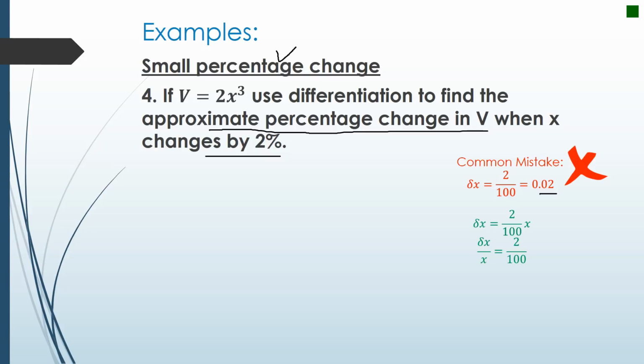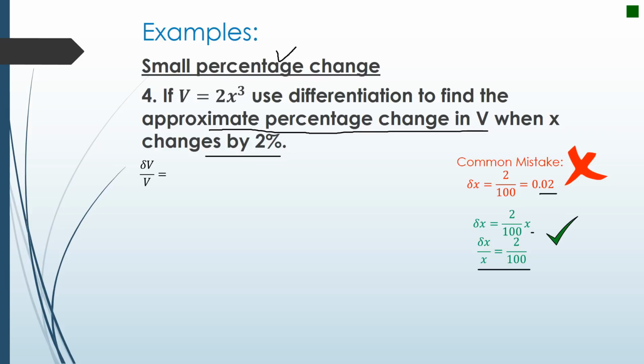Then what is the right way to write it? We know that delta x is actually 2% of the original x. So by rearranging the equation, we have delta x over x equals 2 over 100, or 2%. This is the right way to express delta x over x, or the percentage change in x.